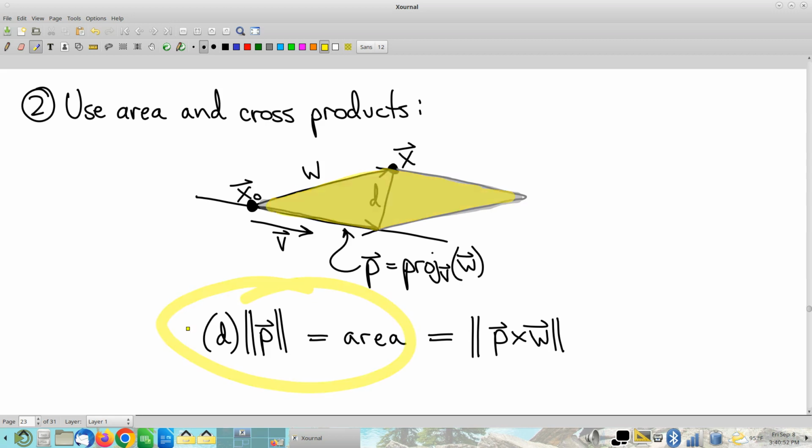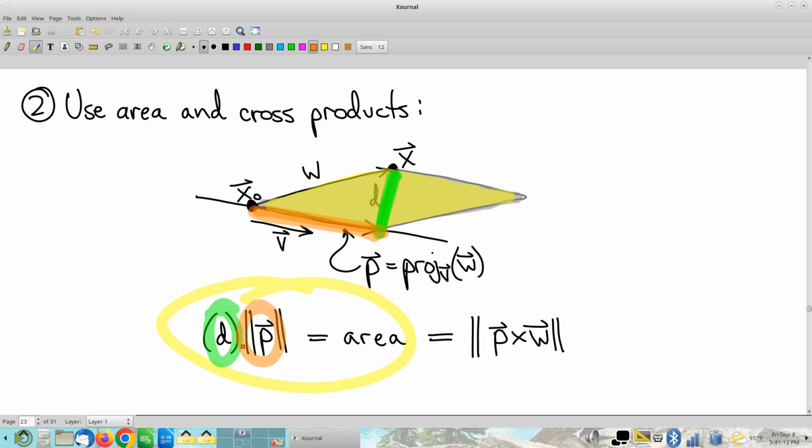And first formula for that area, now this is a flashback to high school geometry class. If you have a parallelogram, actually there's a variety of different shapes that this applies to, but height times the base.